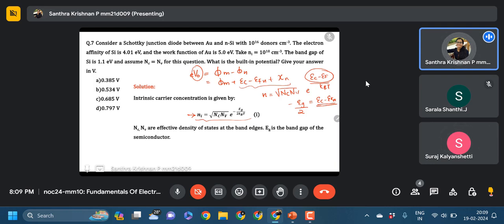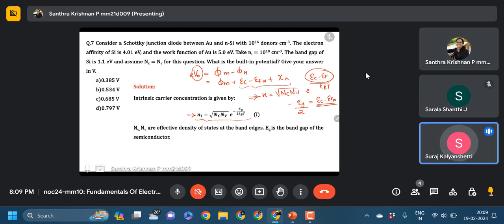So first you need to start solving the equation for Ni to get EC minus EFN. But NC and NV values, they have only said equal, no? Everything else is given here, like what all is required.